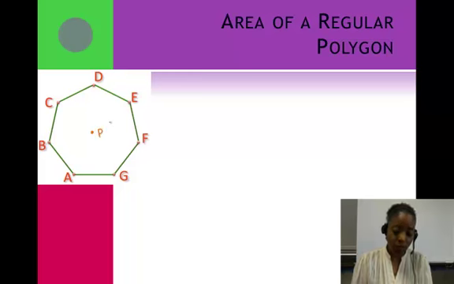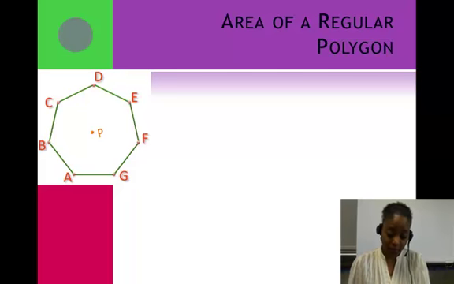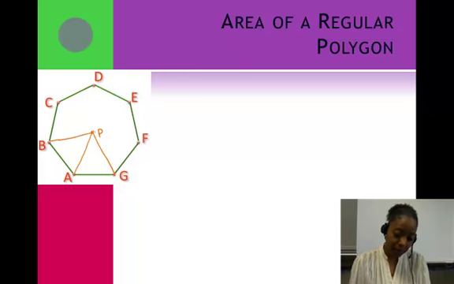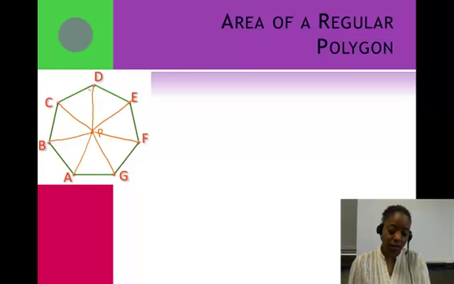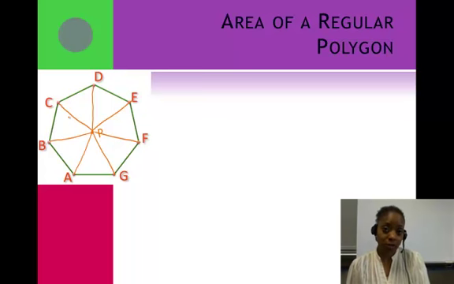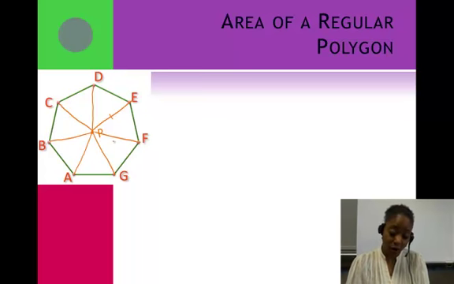Well, let's put our center point here, and we're going to call that P. So if we were to draw all of the radii in here, you would see that we have a 7-sided figure, and we end up with 7 triangles that are isosceles because all the radii are congruent. So that's congruent to that.